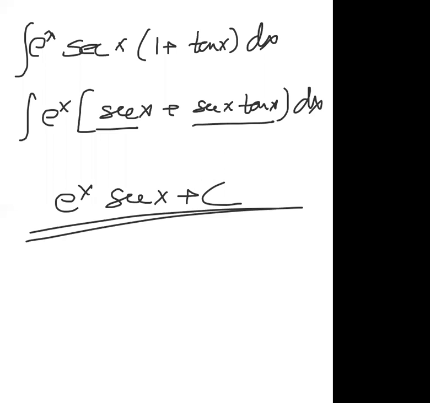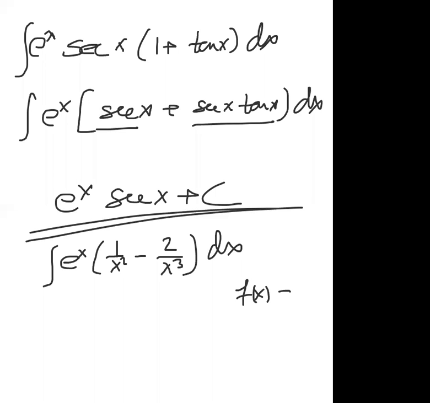One more question. Integral e to the power x into 1 upon x square minus 2 upon x cube dx. Again, if f(x) equals 1 upon x square, then f dash x will be minus 2 upon x cube.